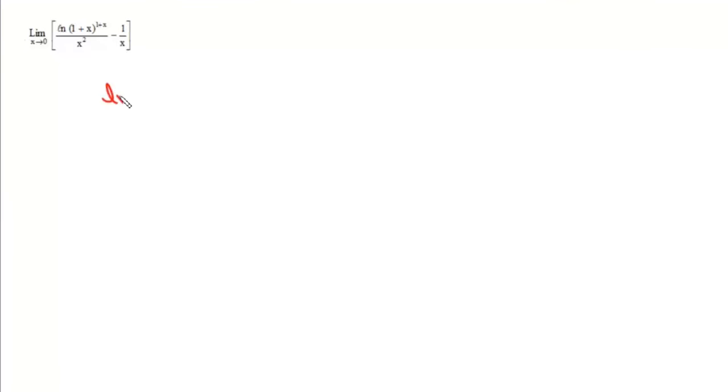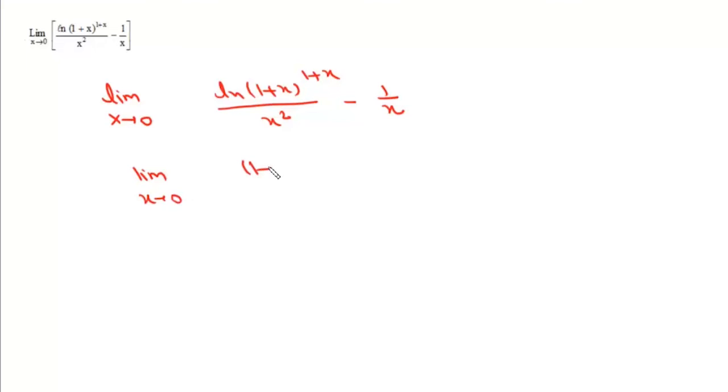Now here the question is we need to solve this limit x tends to 0 of log 1 plus x to the power 1 plus x upon x square minus 1 by x. Now we can also write this as this limit x tends to 0, 1 plus x log 1 plus x minus x upon x square.